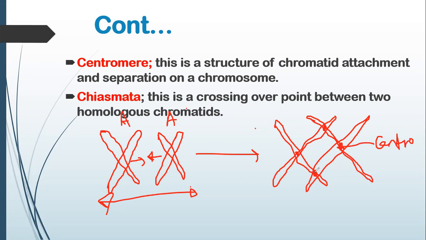But this point here, where these two chromatids join, where the two chromatids join is known as the chiasmata. If it's one, it is chiasma. If they are many, they are known as chiasmata. Yes, this very word, this one.